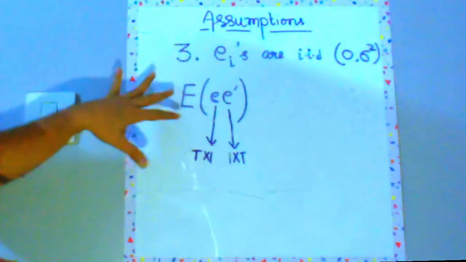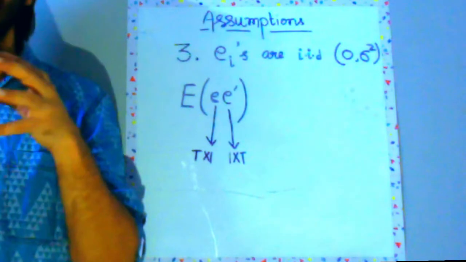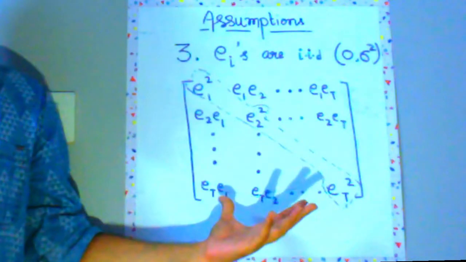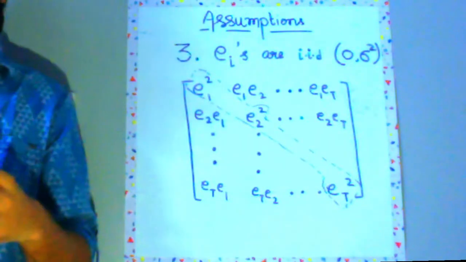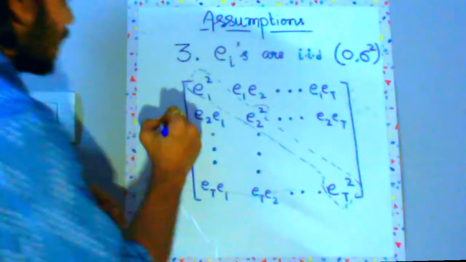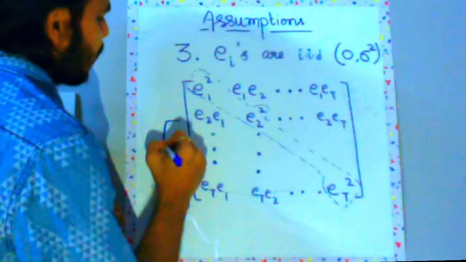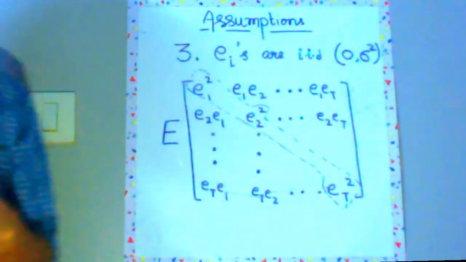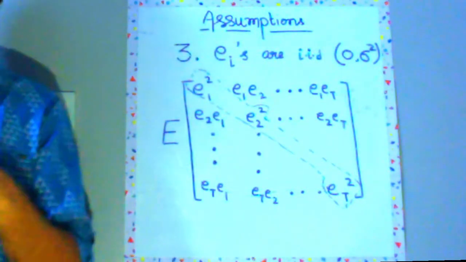So this is the variance covariance matrix for error values, or e. This is what you will get if you multiply e by e transpose. And remember, we need to find the expectation of this, because the variance covariance matrix is the expectation of e e transpose.